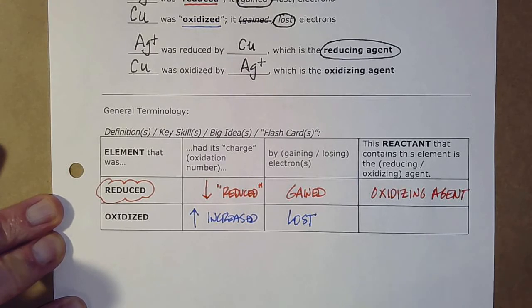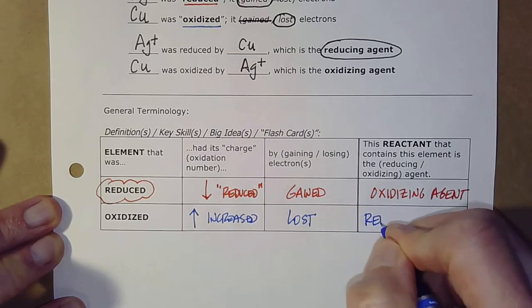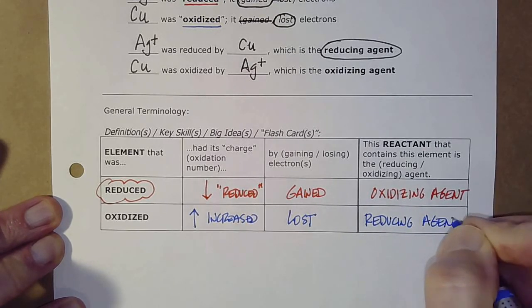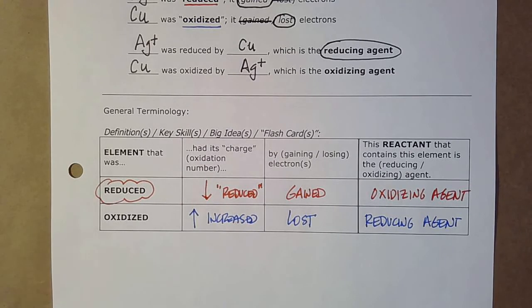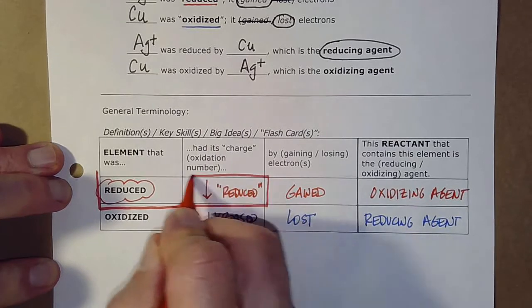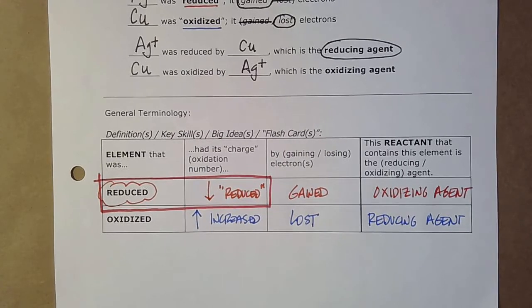And if you're losing electrons to somebody else, you are the reducing agent. Now, that seems kind of messy, but I always argue that if I start with this, everything else will fall into place if I can figure out which charge was reduced. All right, let's go on to the next page.